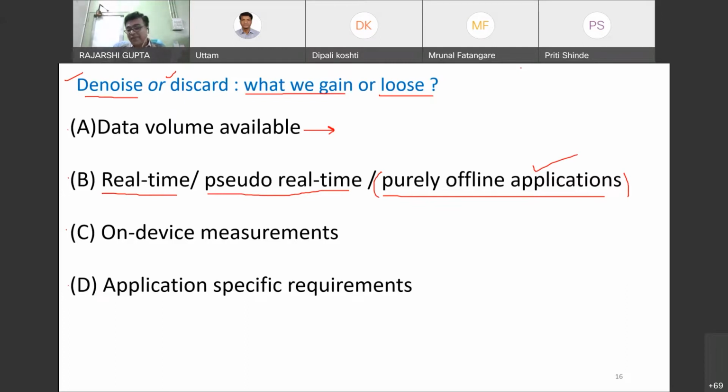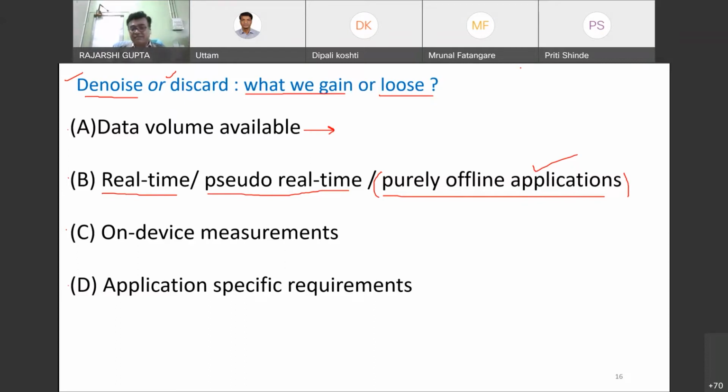So what we do, we collect the data using a data acquisition card. There are many types of data acquisition card available in the market. We simply collect the data in a computer, laptop, whatever it is, and then we put them in some file format.